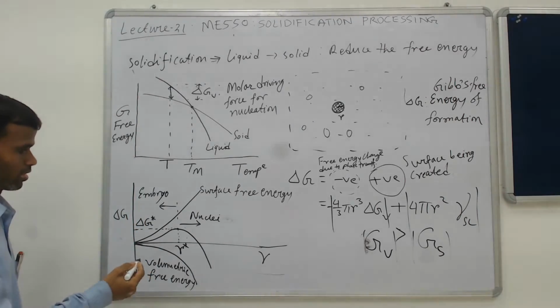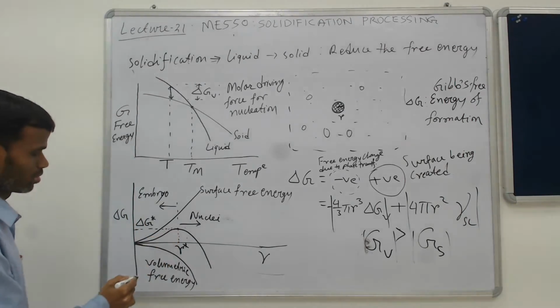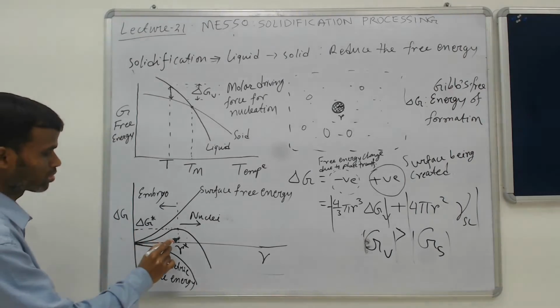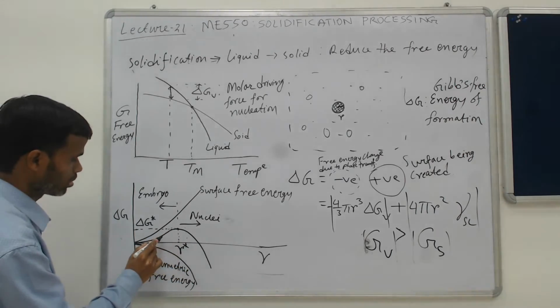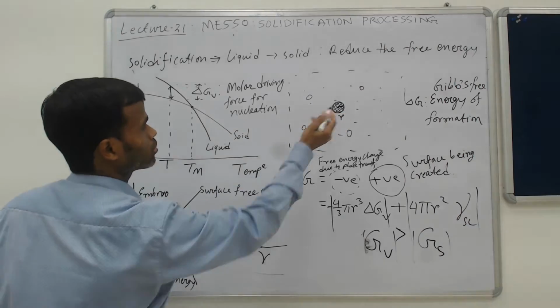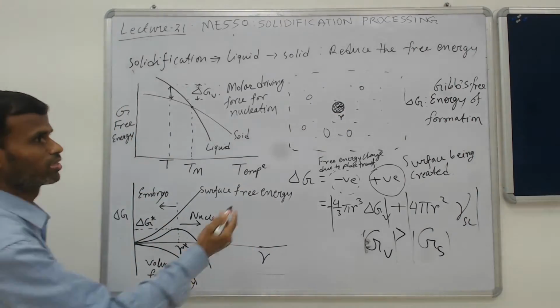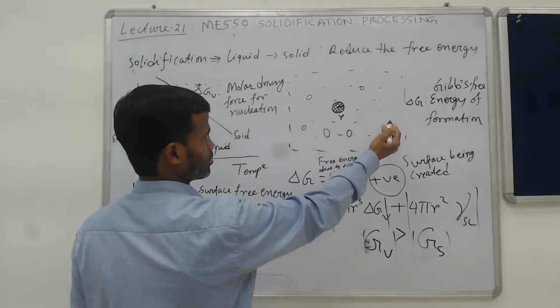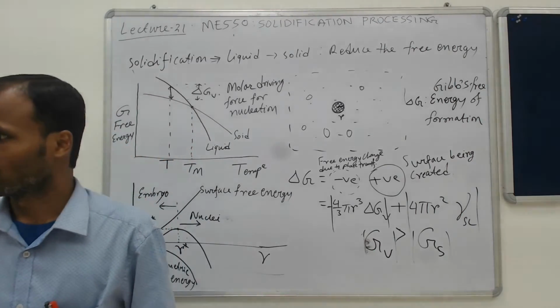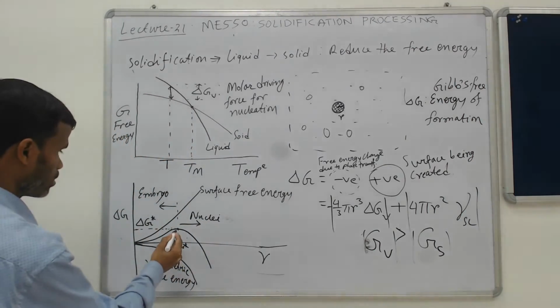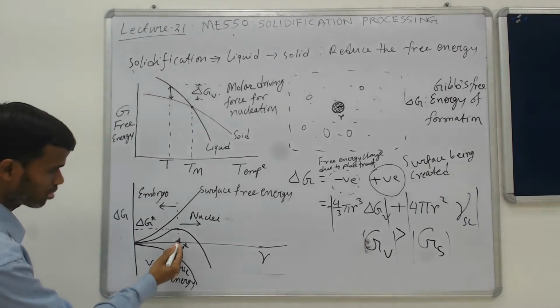So you can understand now, if you want the solidification to continue, I mean if you want the liquid to transform into solid, the cluster size has to be bigger than this.